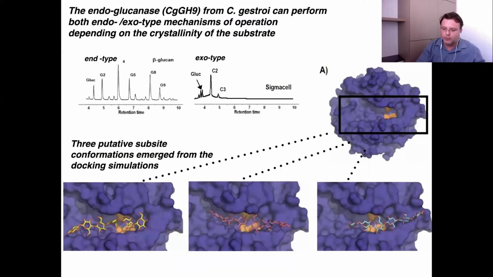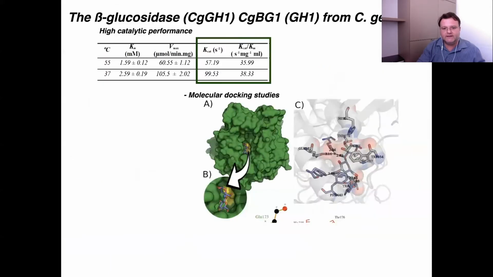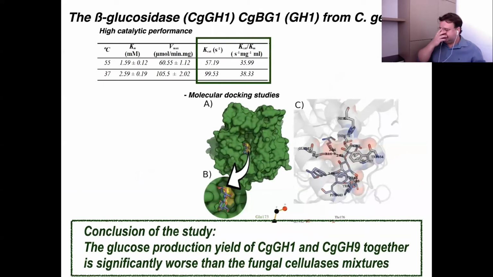And we did a comprehensive structural and biochemical characterization of the two major cellulases produced by the termite. The result of this first study was kind of disappointing, because we found that these two enzymes are not efficient enough to explain all the capability of termites to degrade lignocellulose.